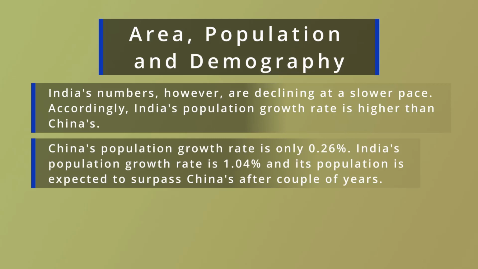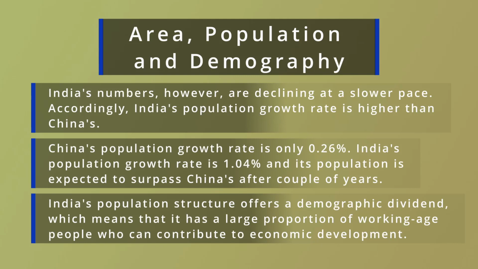During recent years, China has experienced a very low growth rate of the population, which is 0.26%, whereas India has experienced a relatively high growth rate of population, which is 1.04% per annum. Along with this, there are some significant differences in respect of population as well as demographic profile, and each of the countries has faced this demographic situation.